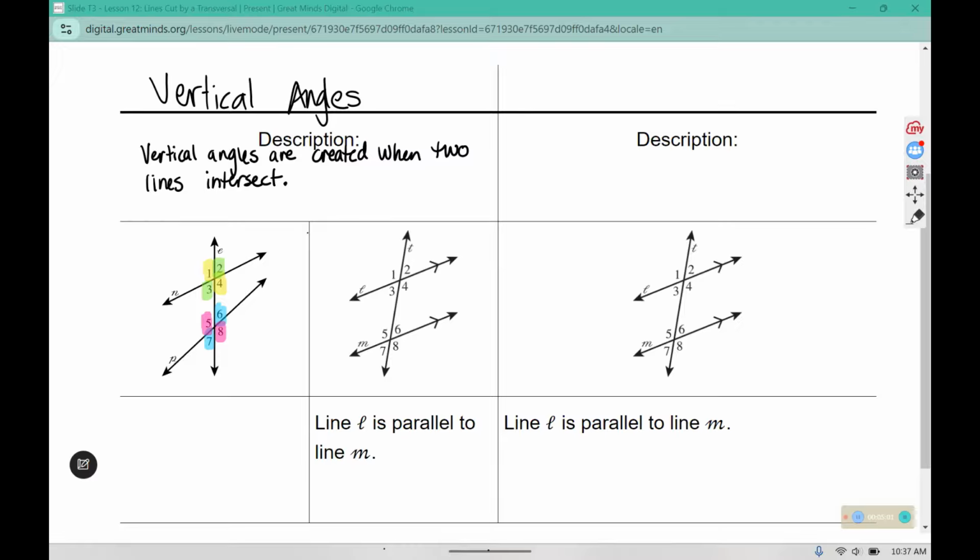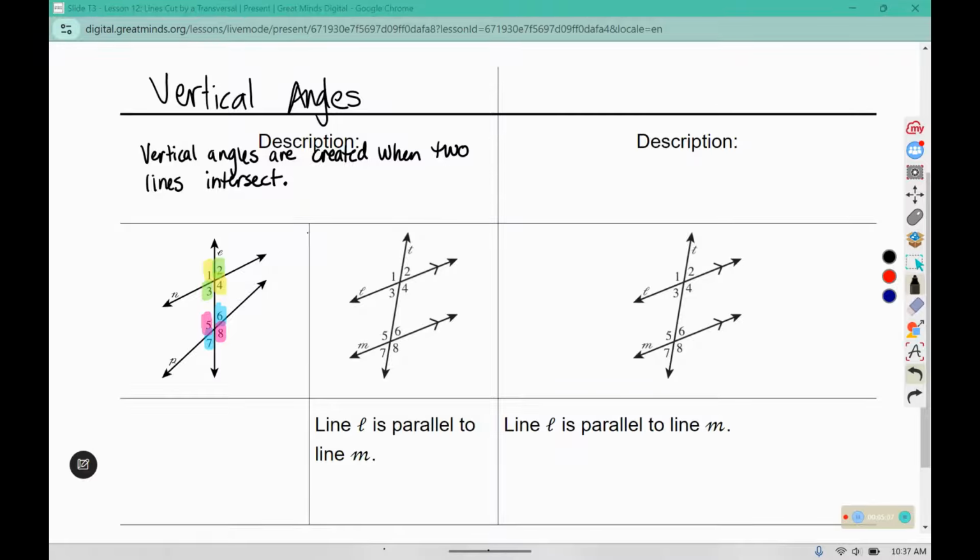These angles share a vertex, meaning a point at the center of the angle. Now we're going to write down the vertical angles.